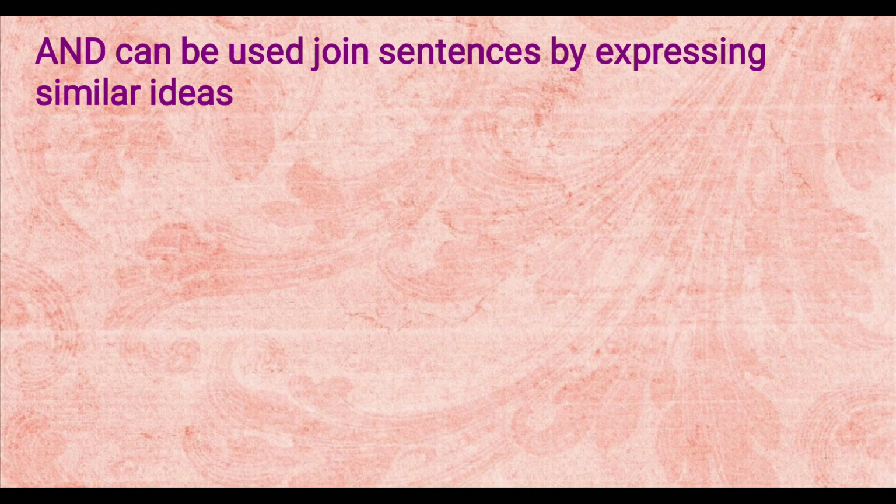So this is the way we can join two phrases by using and. The next possibility is that and can join sentences expressing similar ideas. Just remember that and is used for similar ideas, to join similar or linked ideas.